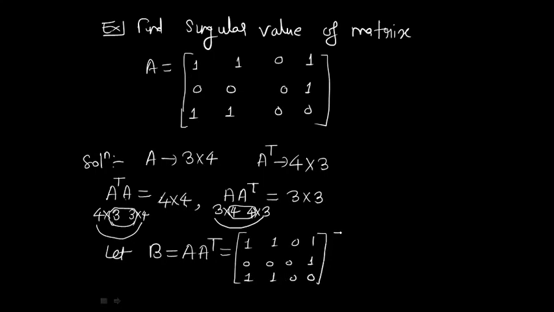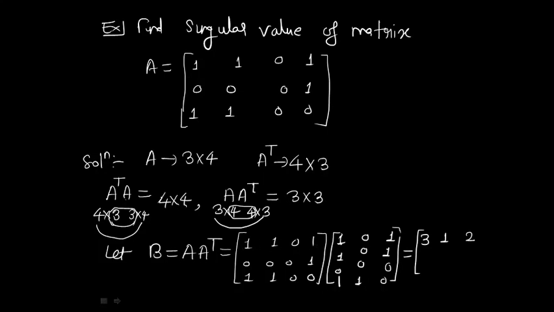Now into its transpose, so now the first row becomes the first column: 1 1 0 1, next 0 0 0 1, then the third row becomes the third column: 1 1 0 0. Now let's multiply them. So what we find is the 3 by 3 matrix which will be 3, 1, 2, multiplying the first row with the first column.